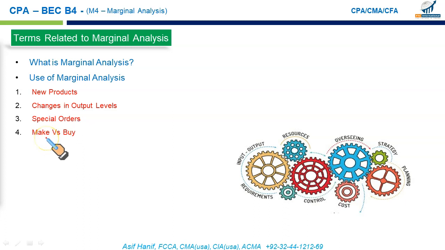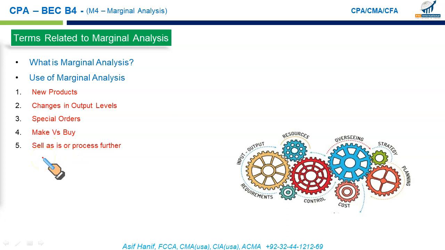Should we make a particular component, particular part, or even a complete unit ourselves, or should we get it outsourced from some outside service provider? Make ourselves or buy from outside. And this is also an important application of marginal analysis. In joint costing, we have to decide whether we should sell the product as it is in the given form or should we process it further.